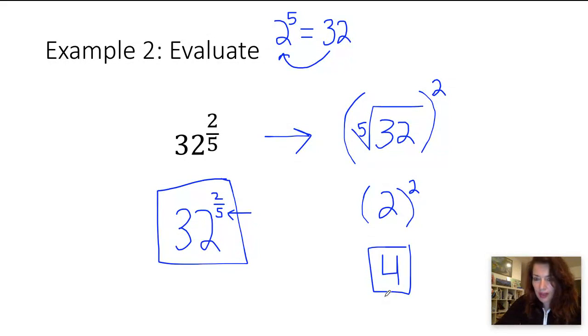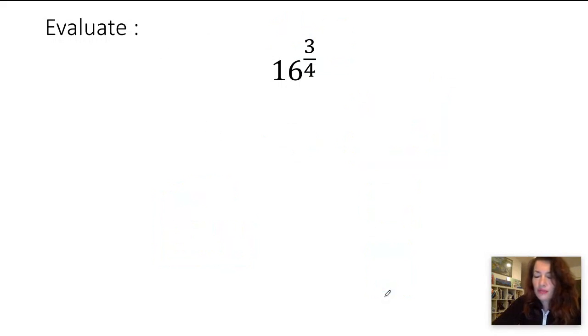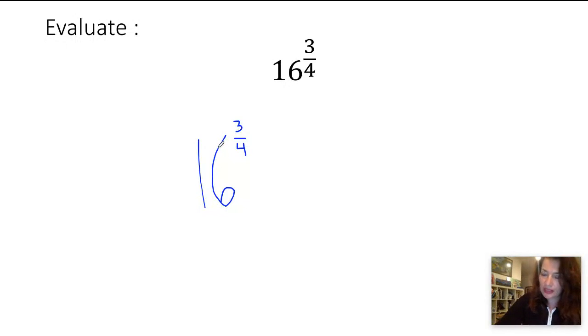Let's try one last one. If you want to pause the video here and try this on your own, then go ahead and do so. So I'm going to rewrite this with a much smaller fraction, because this is a fractional exponent. This is telling us to take the fourth root of 16 and then cube it, or if you prefer, take 16, cube it, and then take the fourth root.